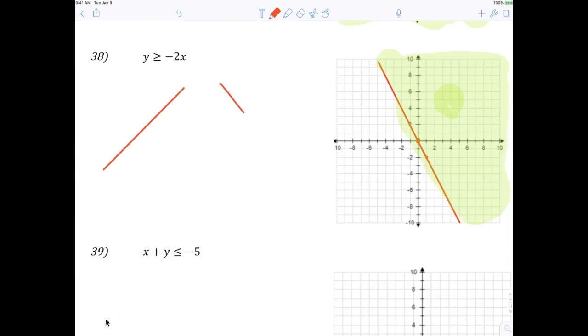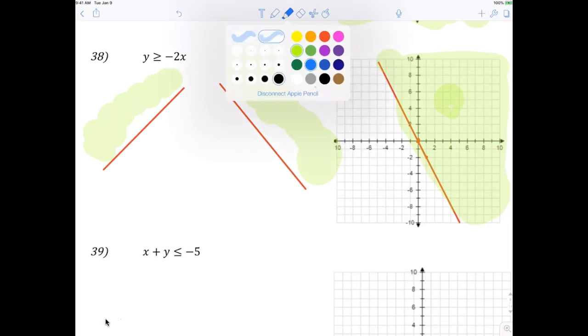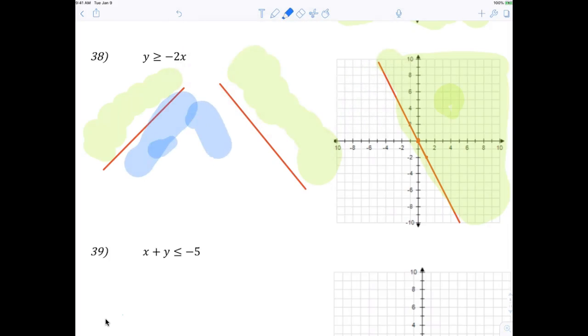And here's another line. That's why we don't say left and right. Above and below. I am above the mountain. I am greater than. I am less than. I am below the mountain. That's all there is to it.